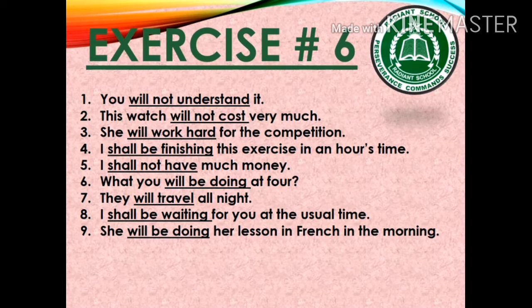At the usual time is the keyword for future continuous tense. That's why we have used shall be waiting. And last sentence is, she will be doing her lesson in French in the morning. And you know very well what is the keyword in this sentence? Yes, in the morning, which is the keyword for future continuous tense.